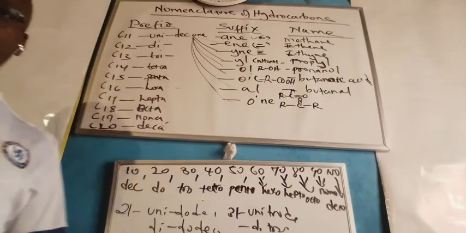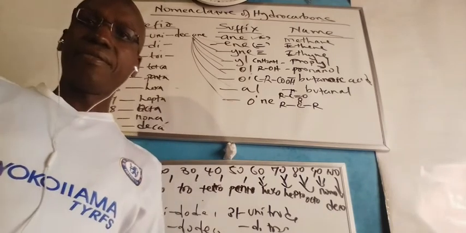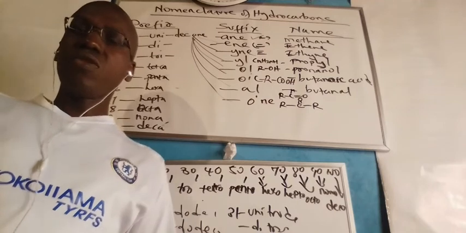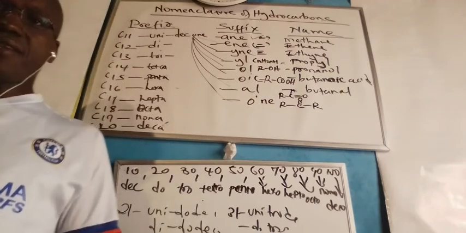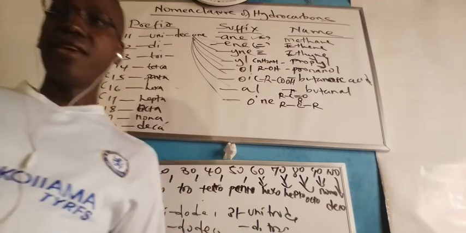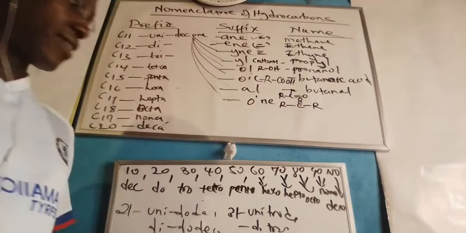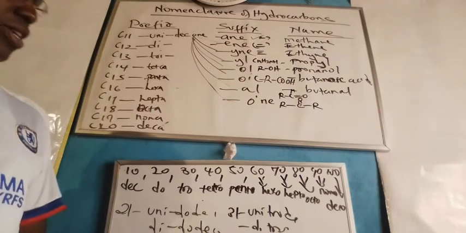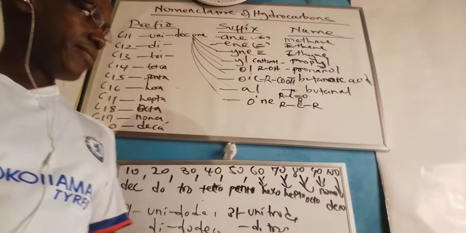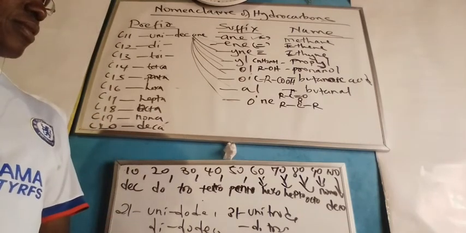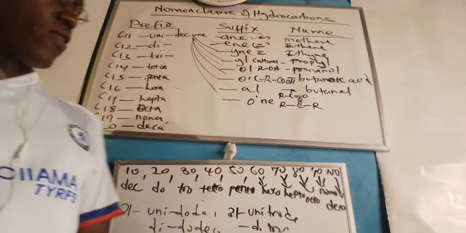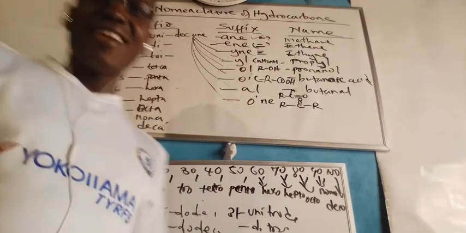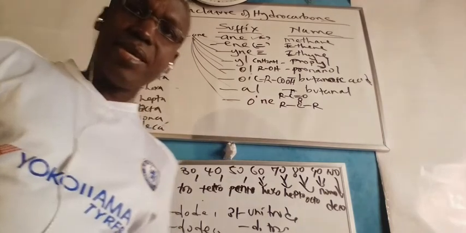So 91 will be uninonodecane. 92 will be dinonodecane. 93 will be trinonodecane. 94 will be tetranonodecane. 95 will be pentanonodecane. And the sequence will continue to 99, which will be nonanonodecane. And in that case, the 100th will be decadodecane.